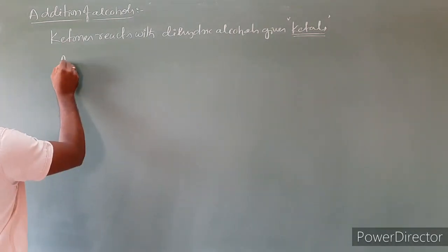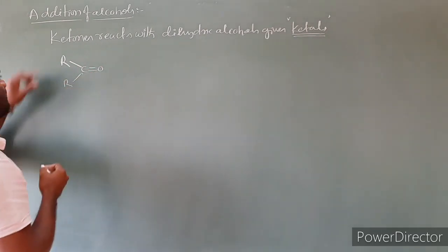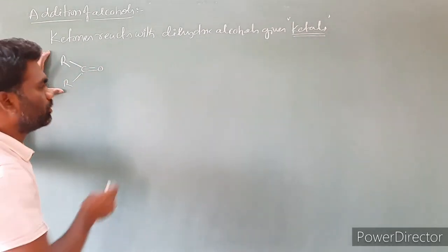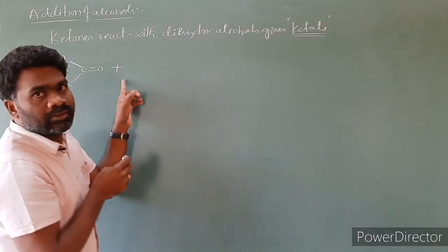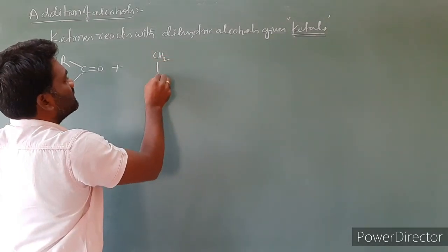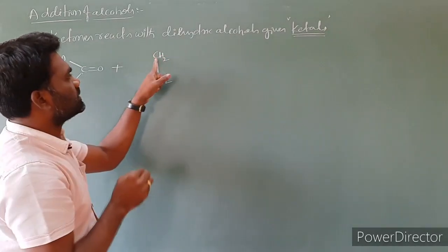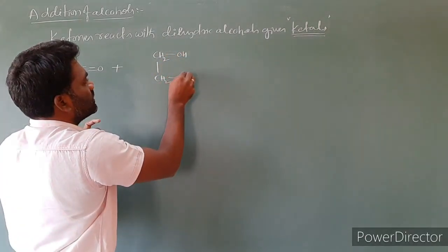I am taking the general representation of ketones, R C double bond O R. This R you can take as any alkyl group. This is treated with a dihydric alcohol. So I am taking the example ethylene glycol, CH2OH and CH2OH.